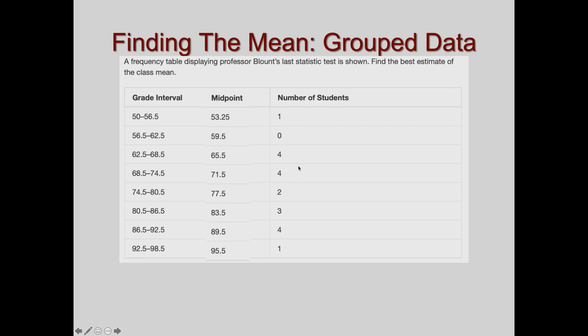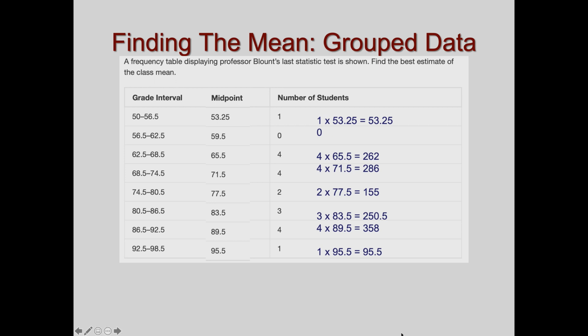So what I'm going to do for calculation purposes is multiply the frequency, the number of students, times the midpoint score, and that tells me how much value each interval would have. So here I have 1 times 53.25, then no value there at all. 4 times 65.5, 4 times 71.5, 2, because the frequency is 2, times 77.5, 3 times 83.5, 4 times 89.5, and 1 times 95.5.